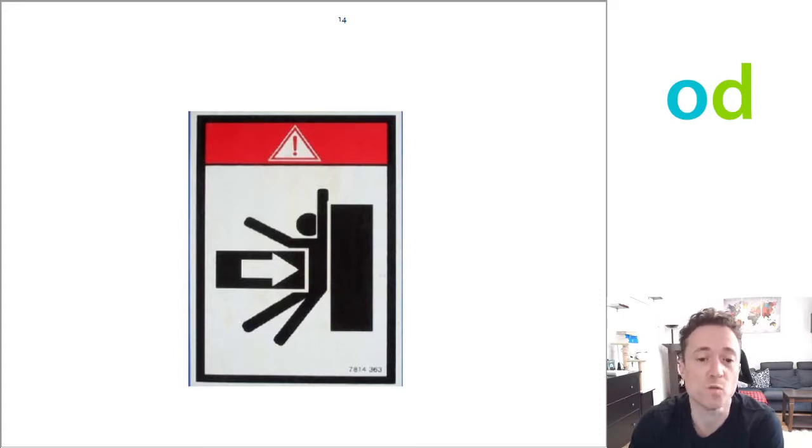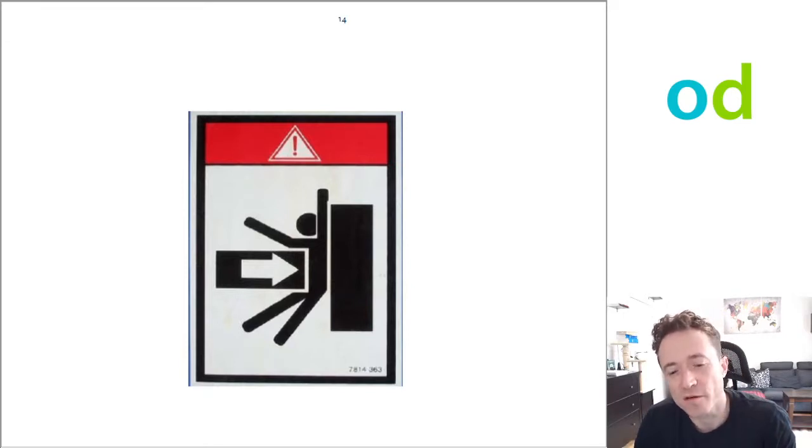Something is trying to warn us with an exclamation mark. Apparently something is coming from the left, as the arrow indicates, and is probably harming the person, crushing it. But what that is, how it is crushed, what exactly to be aware of, I don't know. I don't know what this sign means.